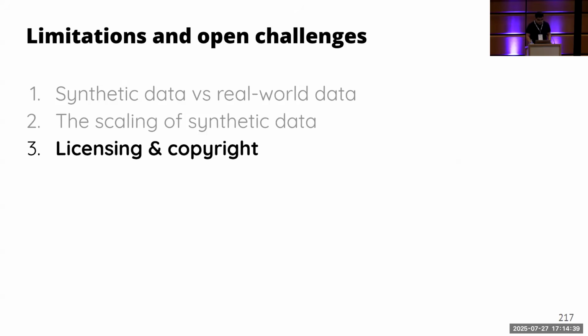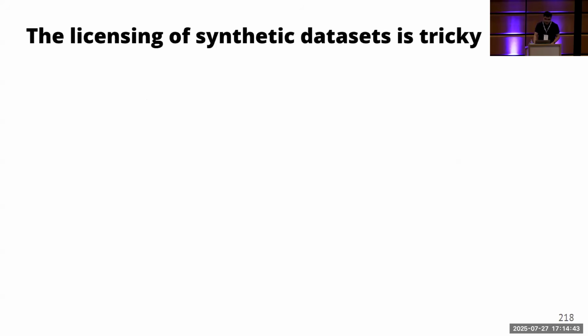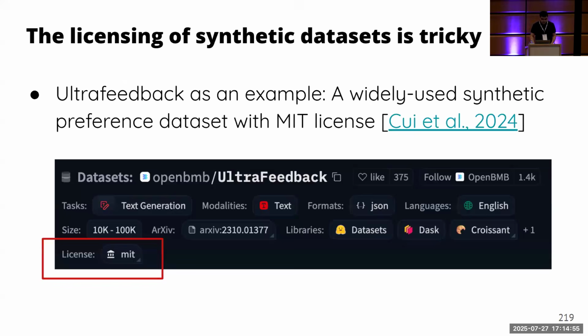Okay, finally, I want to discuss the licensing situation of synthetic data. An essential step when you have built a good data set and want to release it is to decide a proper license. But I want to explain why this is tricky in the current situation. Let's take the UltraFeedback dataset, for example. UltraFeedback is a very high quality, readily used synthetic preference dataset.